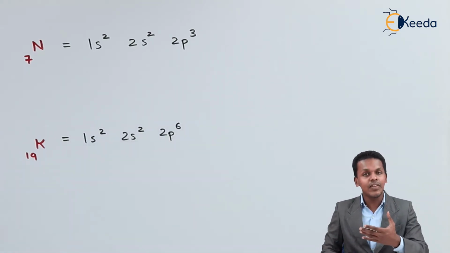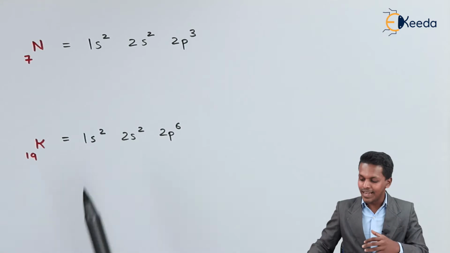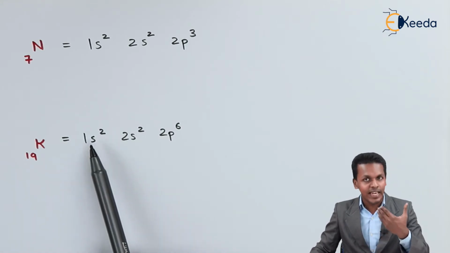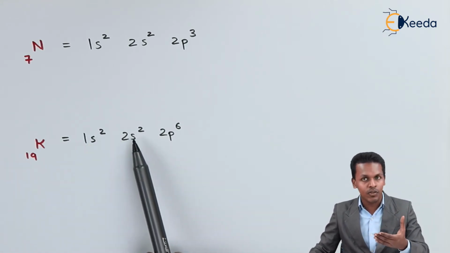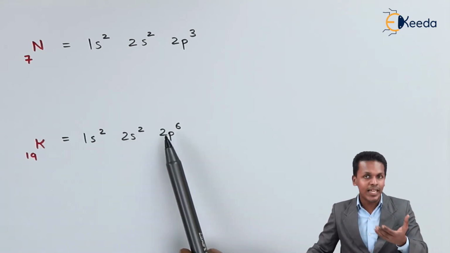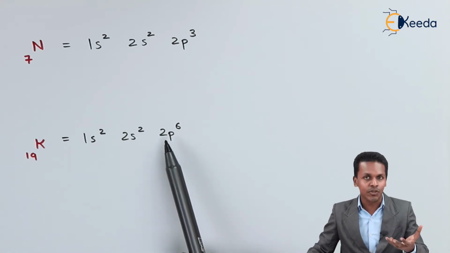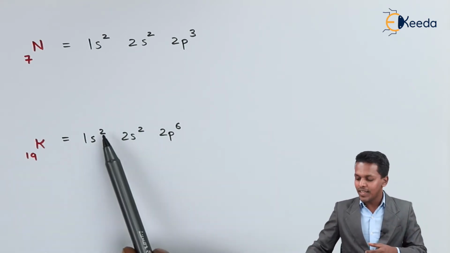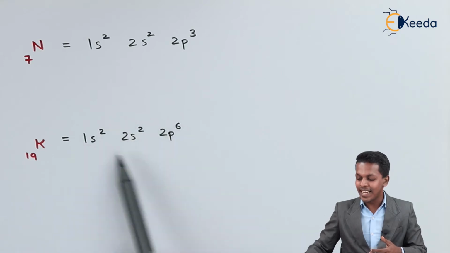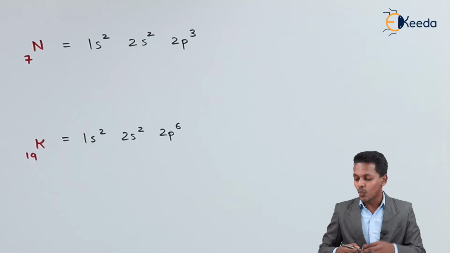While filling, we have to make sure that we fill the orbitals completely with electrons. So we fill the 1s orbital, the 2s orbital, and the 2p orbital with 6 electrons, because the p orbital can accommodate 6 electrons in total. So we have 2 plus 2 plus 6, that is 10 electrons, but 9 electrons are still left. How can we proceed?